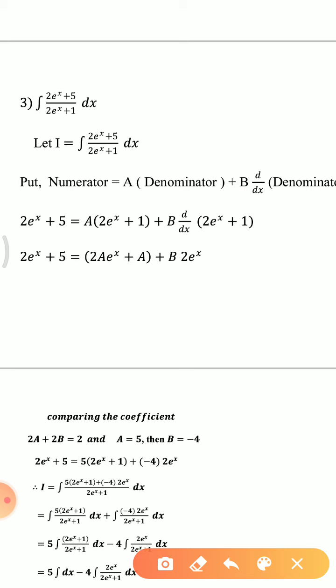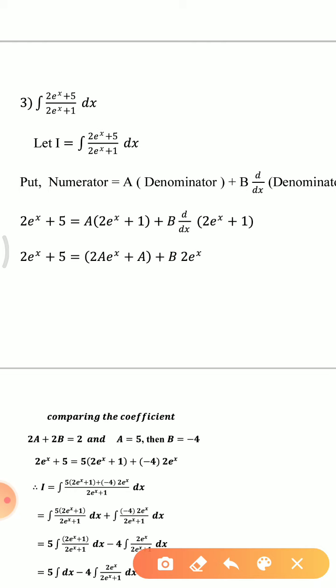Integration of 2 e raised to x plus 5 upon 2 e raised to x plus 1 dx. Let I be equal to the integration of 2 e raised to x plus 5 upon 2 e raised to x plus 1 dx. Same type of integration here. We have to put the numerator equal to a into the denominator plus b into d by dx of the denominator.